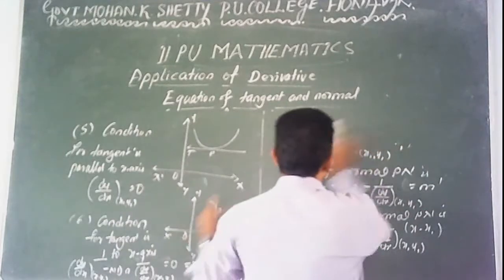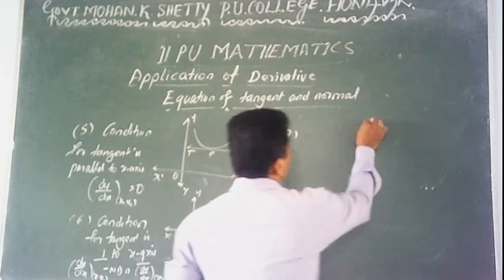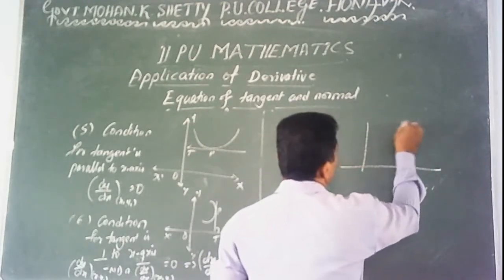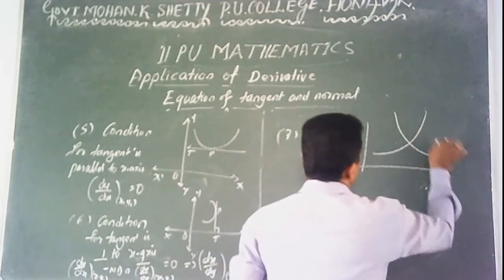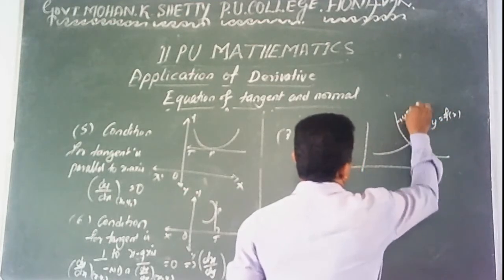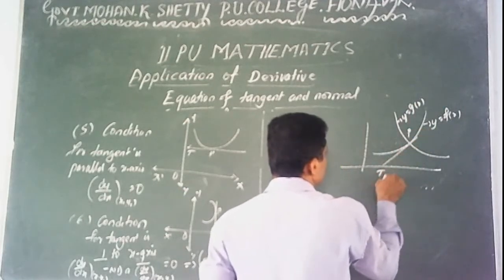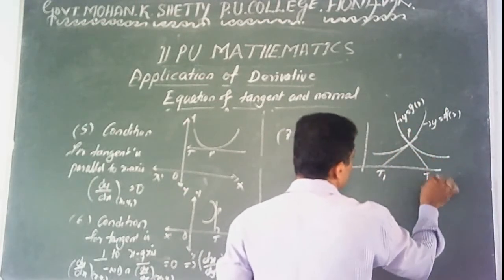And one more, remember the seventh one: the two curves cut at right angles. This one is y is equal to f of x and this one is y is equal to g of x. P is the point, PT1 is the first tangent and PT2 is the second tangent.